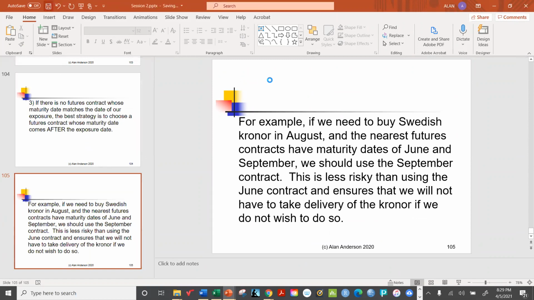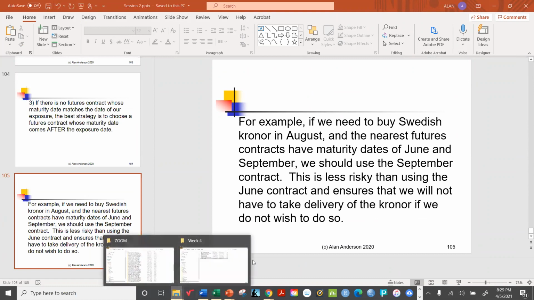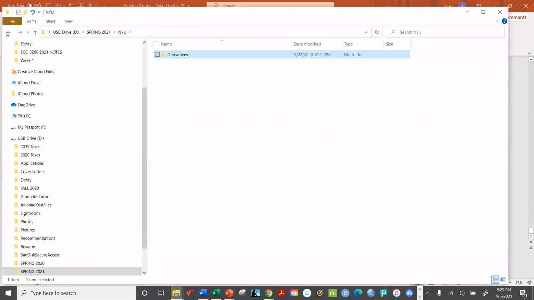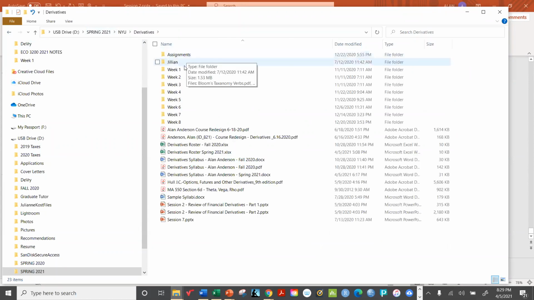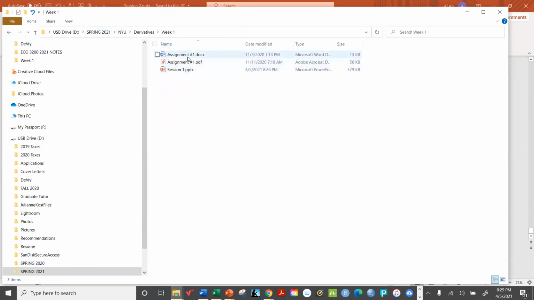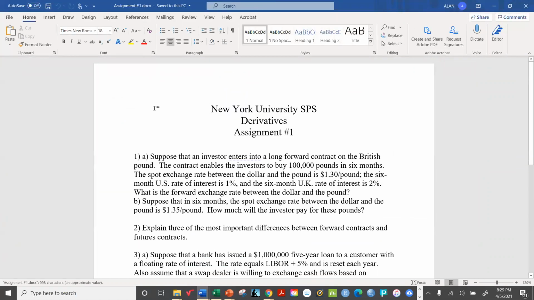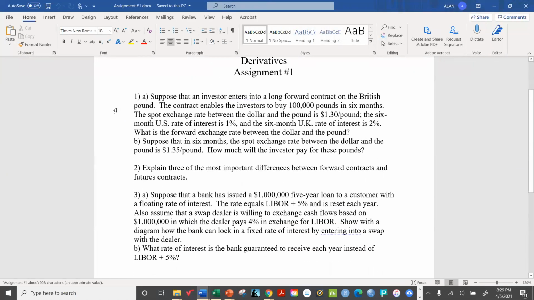Most likely these results will be derived with Excel. And also don't forget, right off the bat, there's an assignment here. Let's see what you're being asked to do.